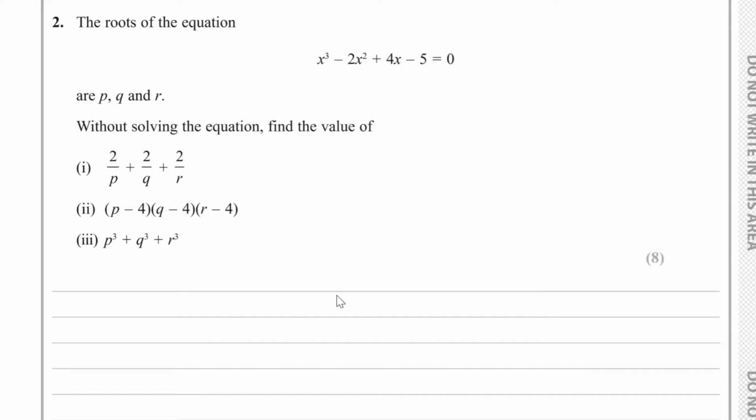Question number 2. The roots of the equation x cubed minus 2x squared plus 4x minus 5 equals 0 are p, q and r. Without solving the equation, we have to find the values of the following. Well, I think at this point it would be a good idea if we state the values of a, b, c and d.